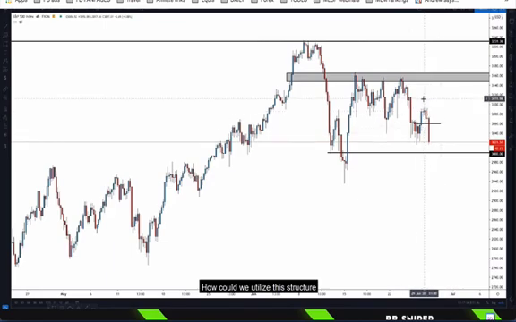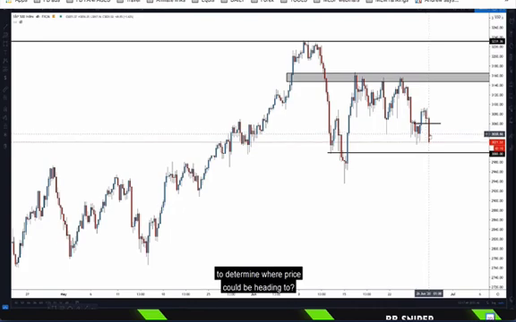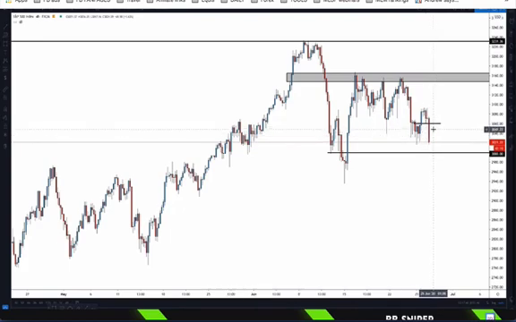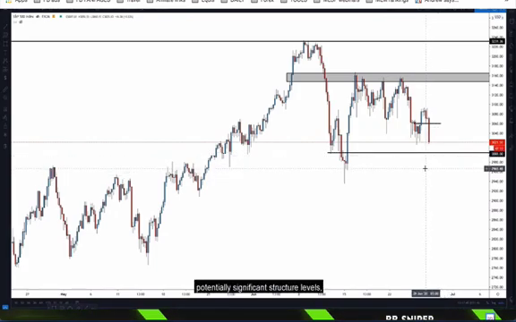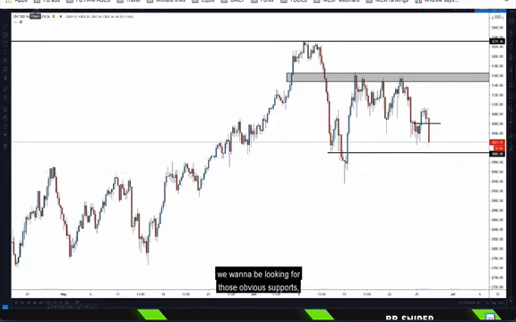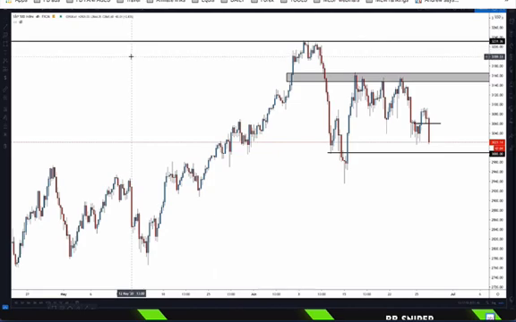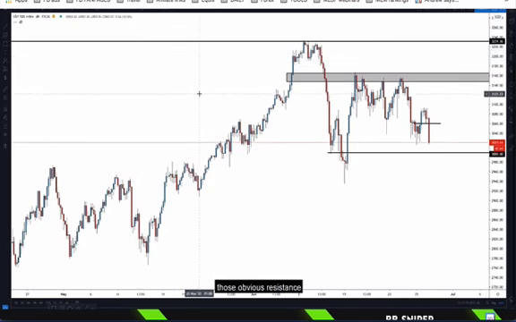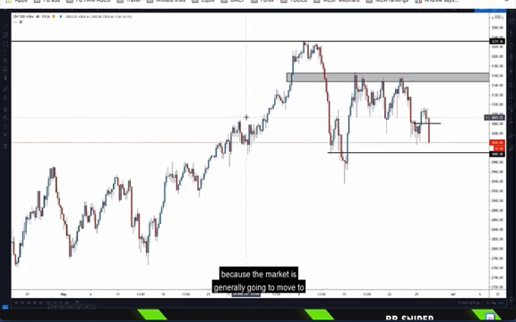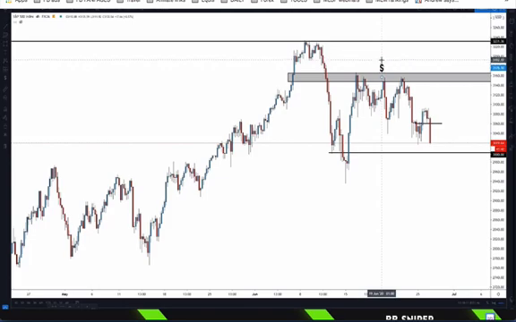How could we utilize this structure that we're seeing to determine where price could be heading to? When it comes to identifying potentially significant structure levels, we want to be looking for those obvious supports, those obvious resistance, because the market is generally going to move to or through areas that are completely obvious.